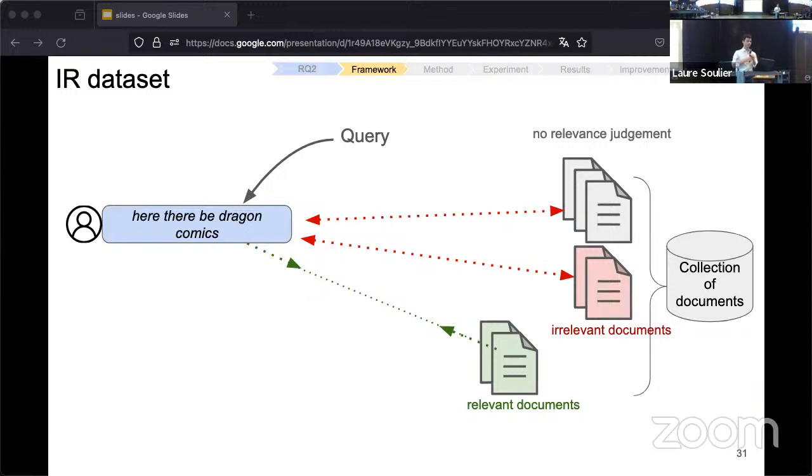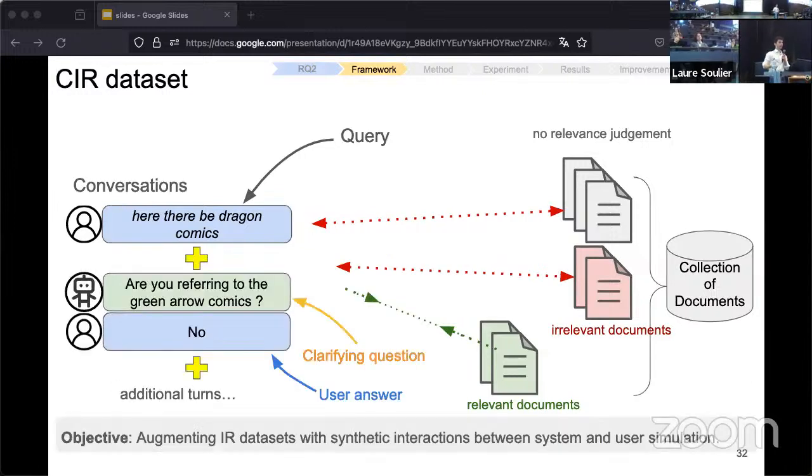Documents in the collection are annotated as relevant given the query or irrelevant, and the large majority of the documents are not even annotated. And we wanted to keep this relevance judgment on documents and queries, but to augment the dataset with additional system and user interaction. So in this case, clarifying questions and user answers.